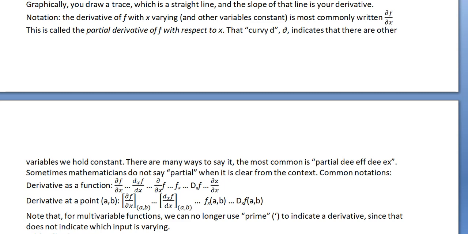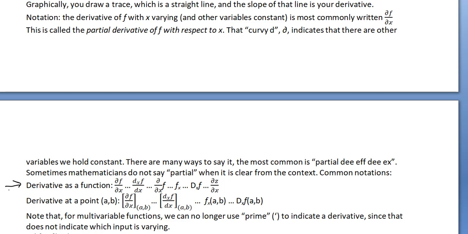So there are some other notations for this partial derivative. First of all, if you're just talking about the function generally, we've got df dx, we've got d sub x of f over dx. And so that indicates that you're taking the change in f with only x varying, and then in the bottom you've got relative to a change in x. Also, you can take the derivative on the outside, so you could say partial ddx of f.